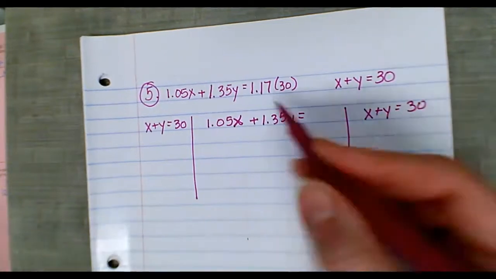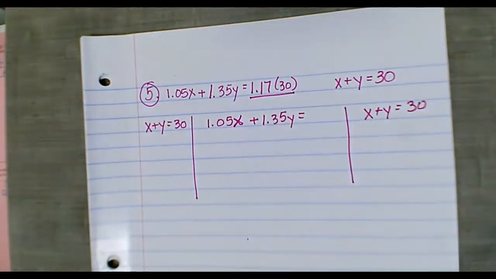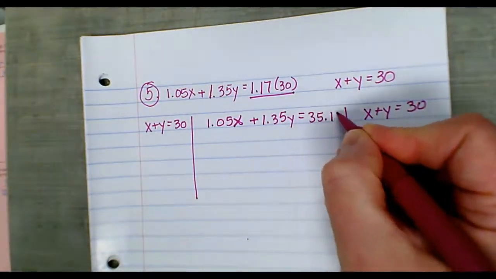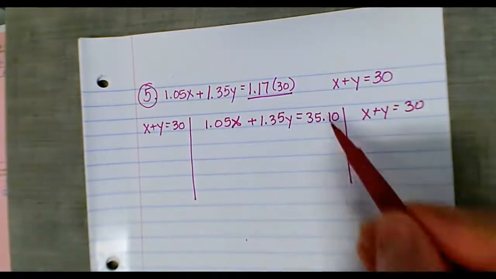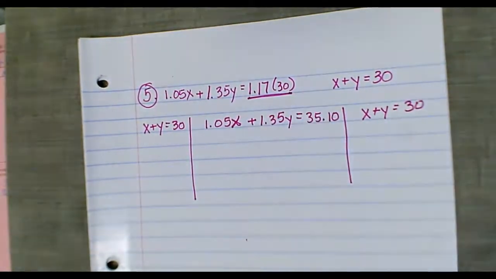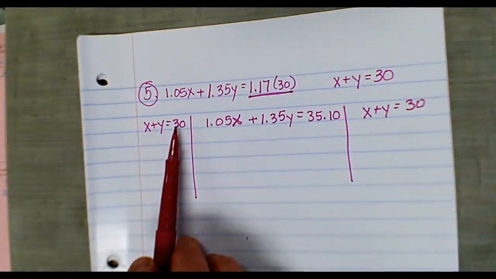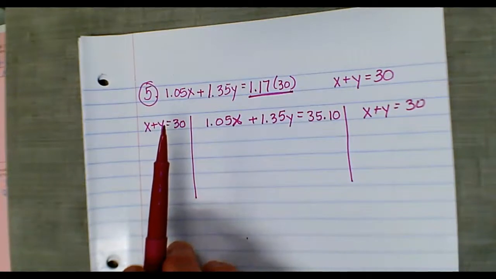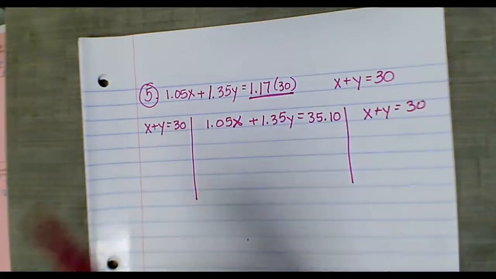Now, you notice I didn't write that number down because I'm going to go ahead and multiply that out. This would be $35.10. I got that number from multiplying those two together. Now, over here in this first column, we have to solve for either X or Y. It really doesn't matter.